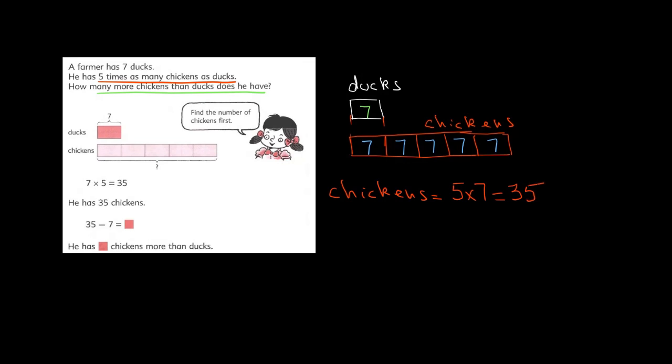So I know this is 35, and I want to know how many more chickens does he have as compared to ducks. Well, one answer is clearly 35 minus 7, which is equal to 28.